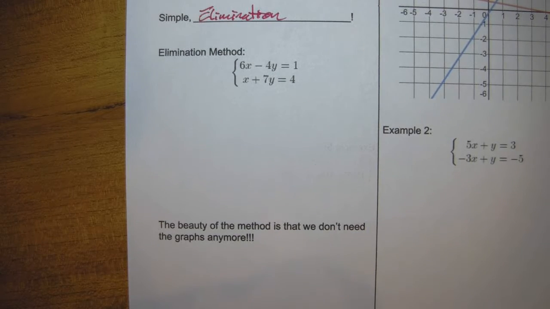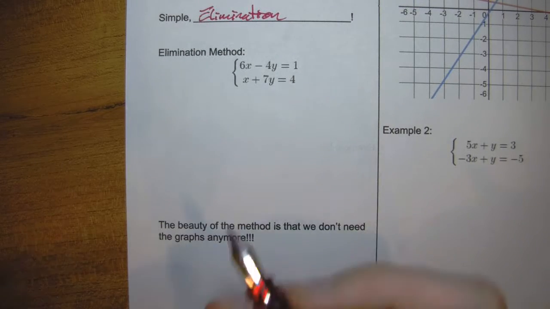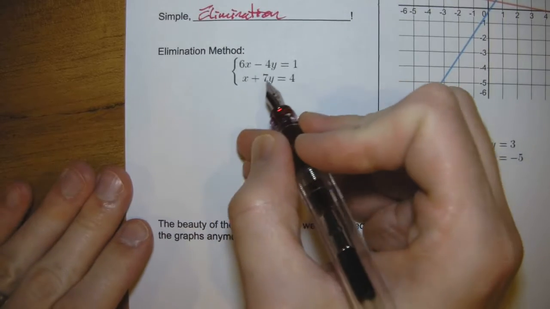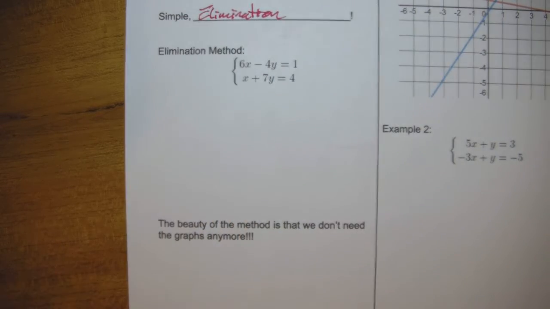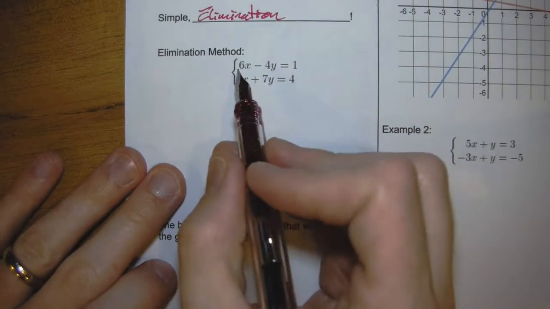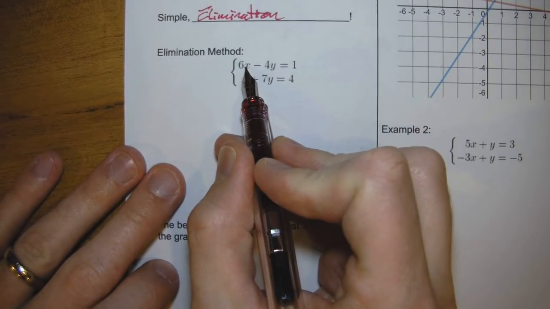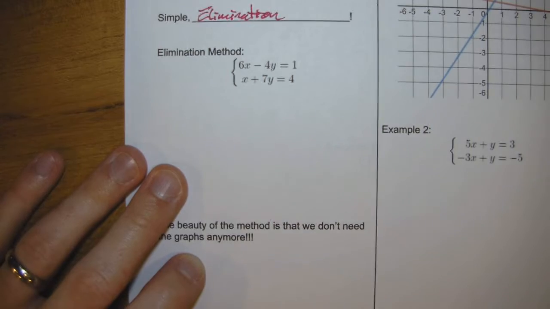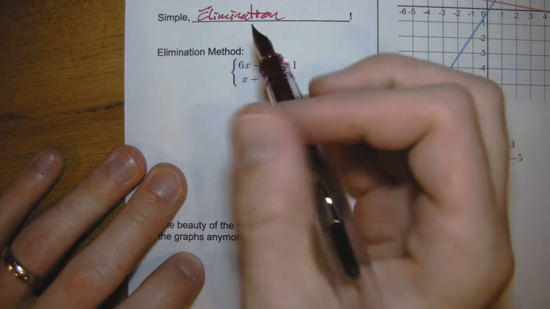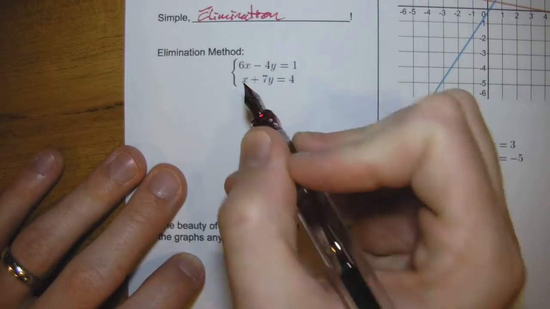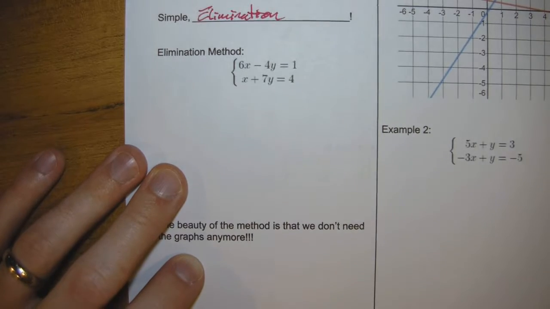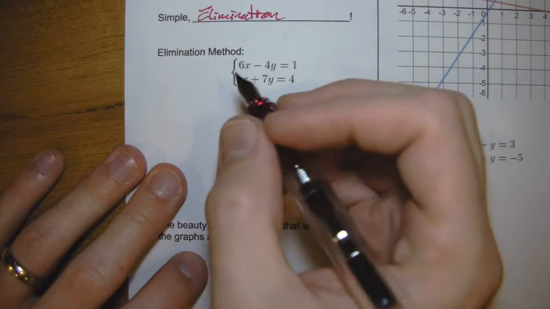What we're going to try to do is figure out, could I get rid of the x's or could I get rid of the y's by means of either multiplication or division? So let me show you something. I notice here that I have 6x, and here I've got 1x. What I'm going to do is try to eliminate the x's from both equations doing the following.